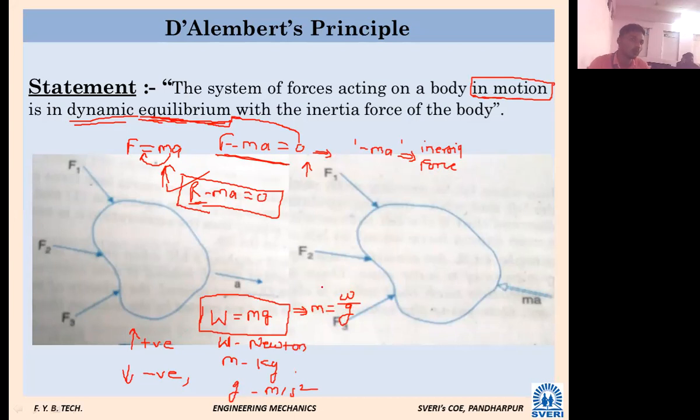Once we put the value of m in the equation, acceleration due to gravity will get cancelled. The unit of W is Newton, so we will get that. So simply we can apply the equation for D'Alembert principle. Okay.